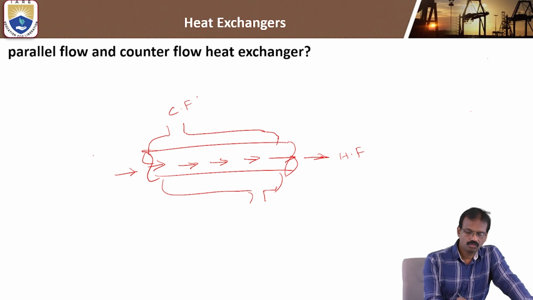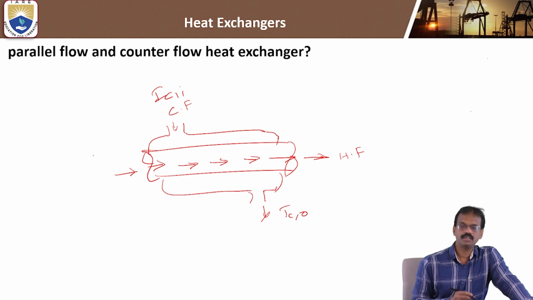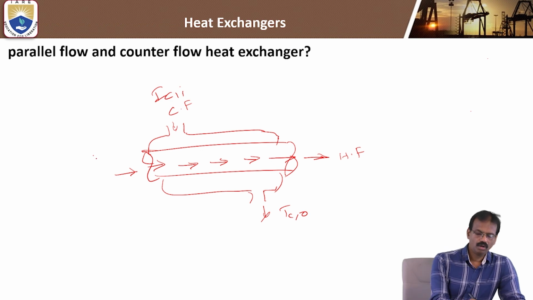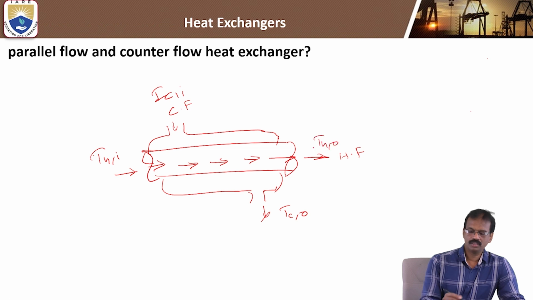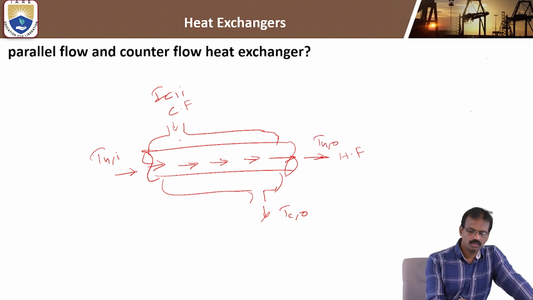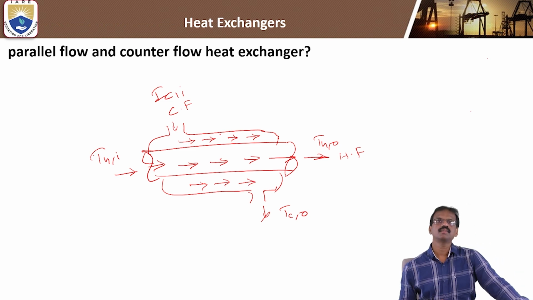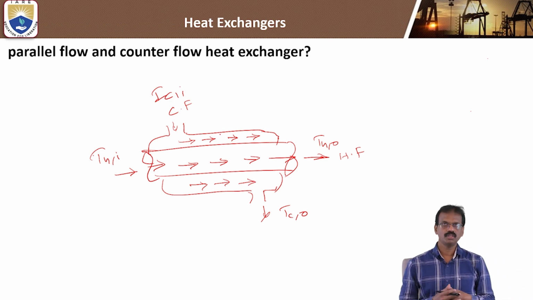Cold fluid enters here and leaves from here. So cold fluid inlet here, cold fluid outlet here. Similarly, hot fluid inlet here, hot fluid outlet here. The flow direction of cold fluid is the same as that of hot fluid, in the same direction, parallel to each other.